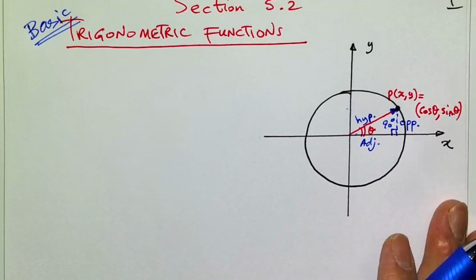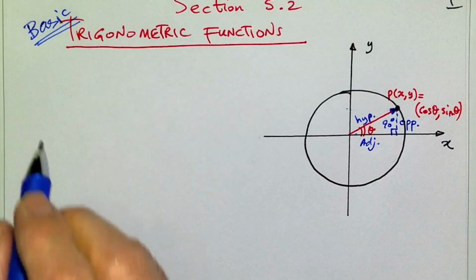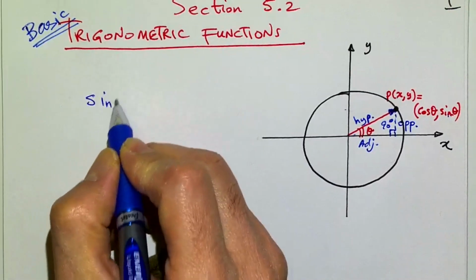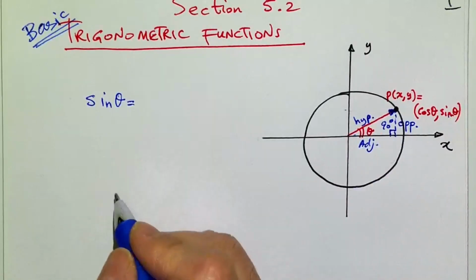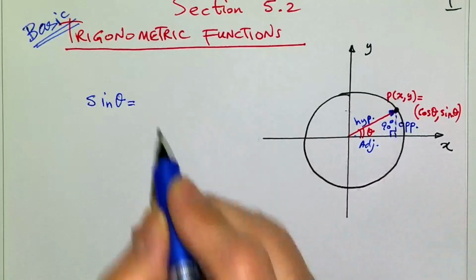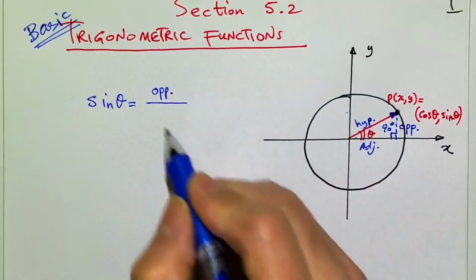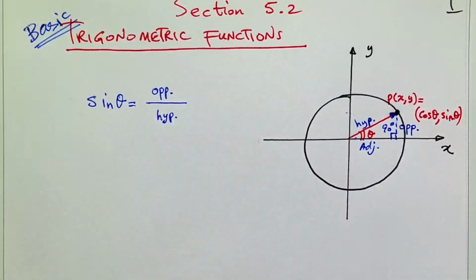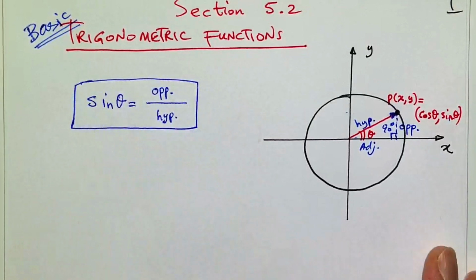Okay? So given this figure, we can write a relationship for the sine of this angle theta in the first quadrant. We can say that sine of theta is equal to the opposite side divided by the hypotenuse. That's one of the important basic trigonometric relationships that we want to remember.